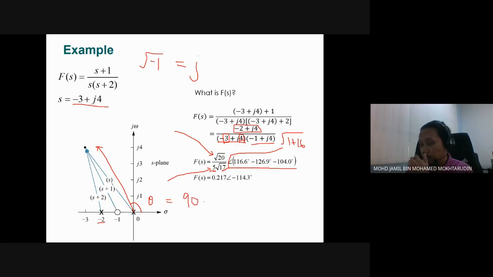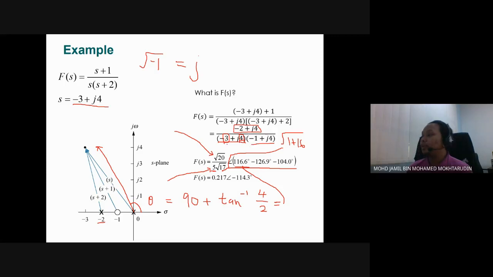So theta equals 90 plus tangent minus 1, 4/2. So you get this 116.6.